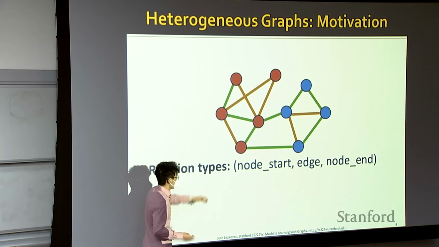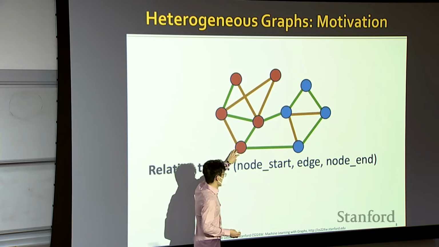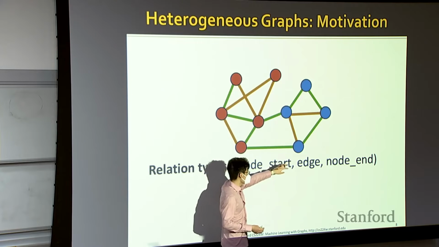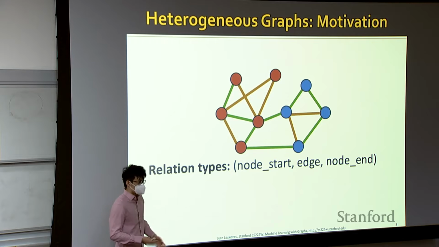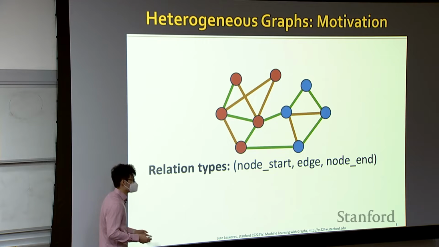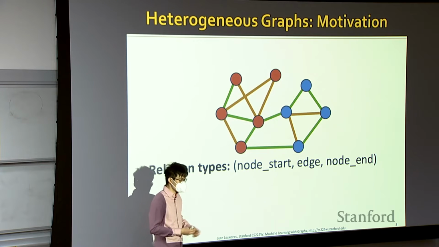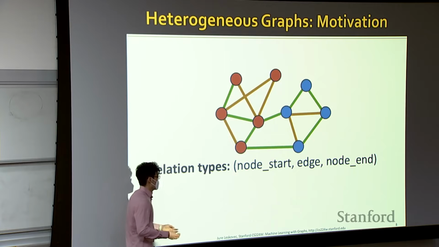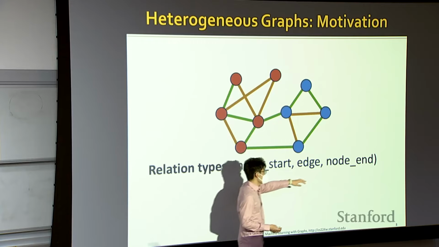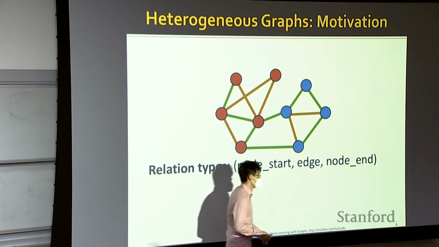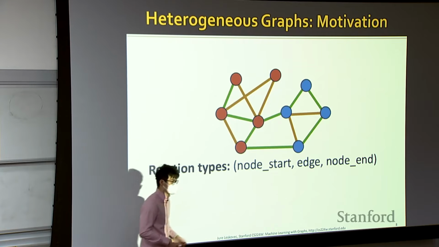So let's say given this red node, it will connect with this blue node through an edge, this green edge. And we can use this tuple to succinctly capture the complex relationship or interactions between a pair of nodes. So we capture the type of the starting node, we capture the type of the edge, and then the type of the ending node.